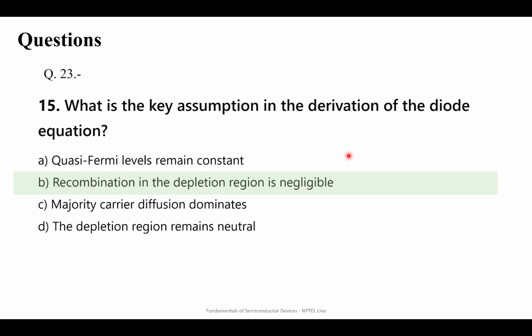So we only assume that there is recombination corresponding to the minority carrier current, and there is no recombination happening in the depletion region. So all the injected excess carriers are crossing the depletion region. That is how we get the ideal diode equation.